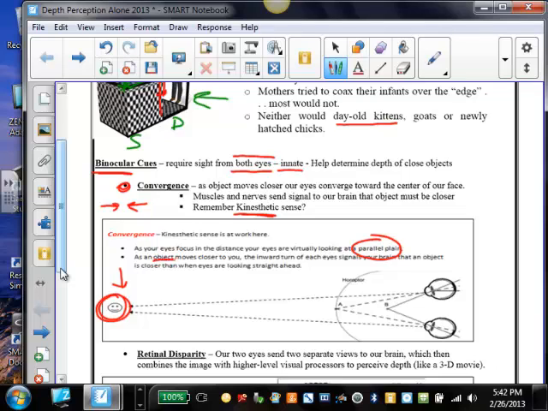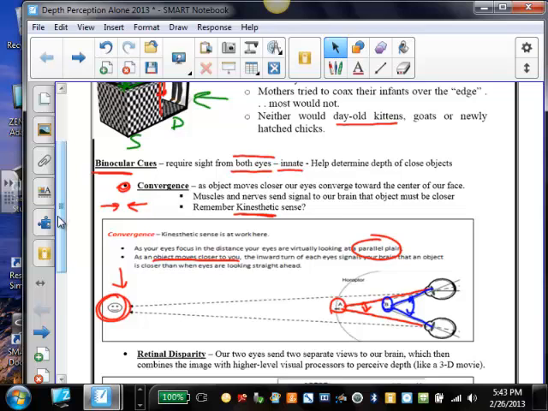But as objects move closer to us, there's an inward turn of our eyes, and you can see, if we're looking at an object here, how our eyes have to converge in, and this angle in here is calculated by our brain to create this perception of an object moving closer to us. And as an object moves even closer, we have an even sharper inward turn. So this angle increases here, and that leads us to perceive depth. Okay, that's one of the binocular cues.